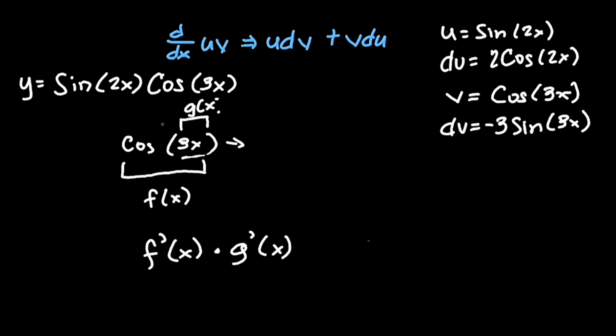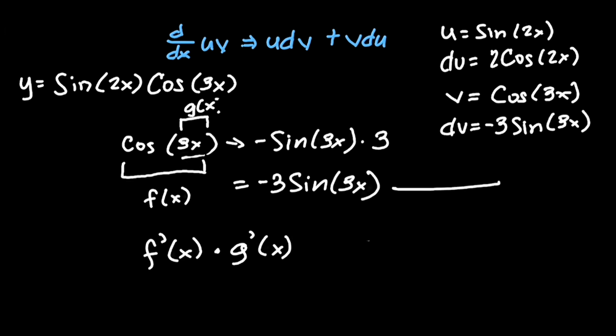Now, the derivative of cosine would be negative sine of 3x multiplied by the derivative of 3x, which would be 3. So the answer would be negative 3 sine of 3x, which is this.